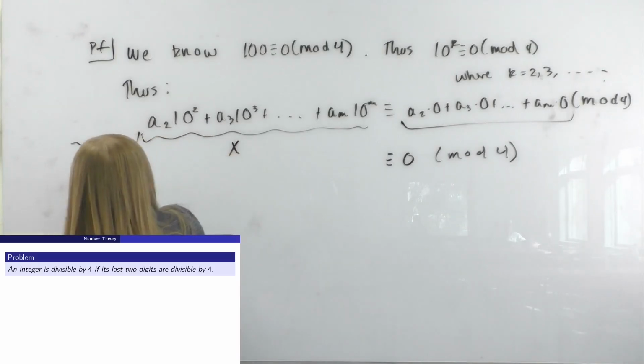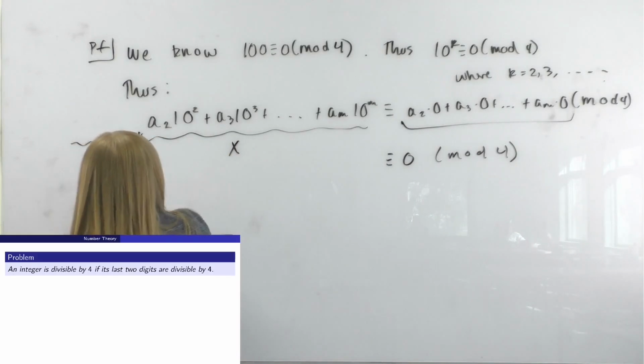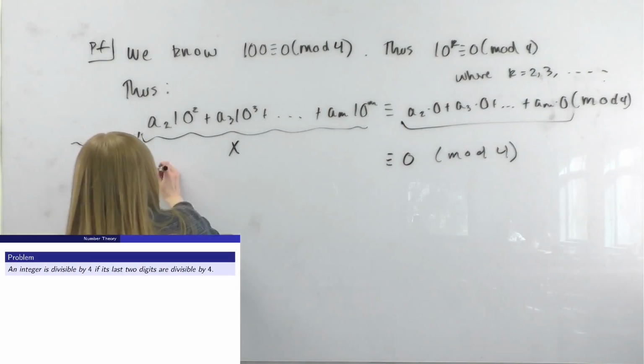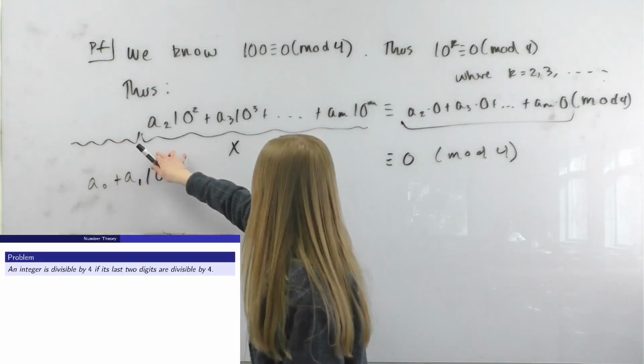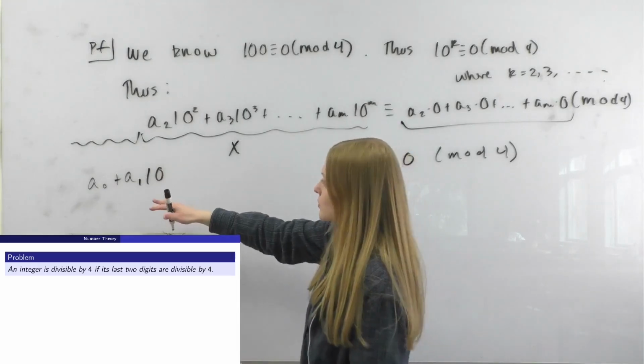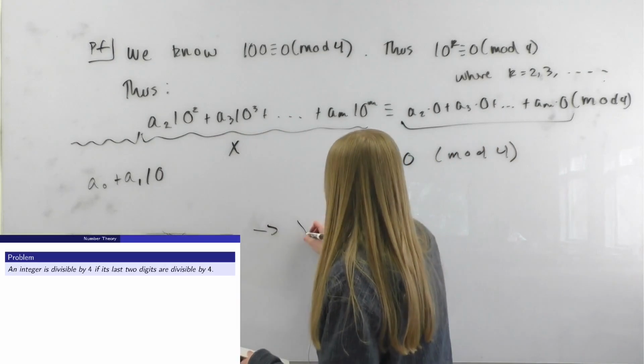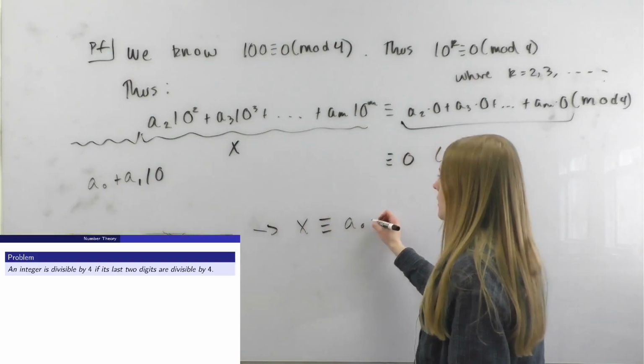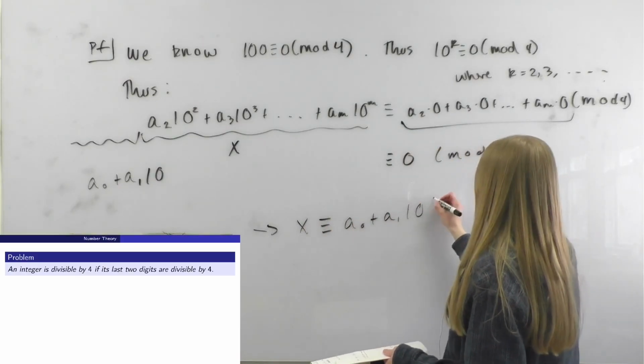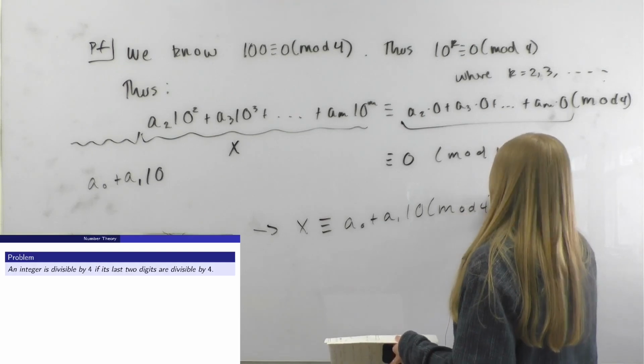Like if we add a0 plus a1 times 10 to this, we'll get a base 10 number. So what we're going to do is just add this to both sides to get x is congruent to a0 plus a1 times 10 mod 4.